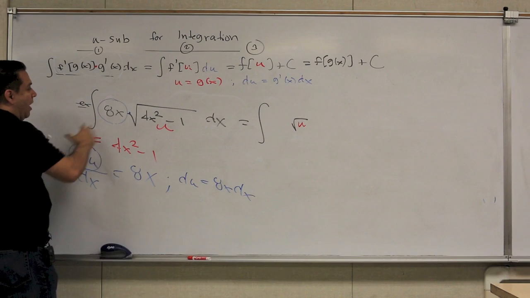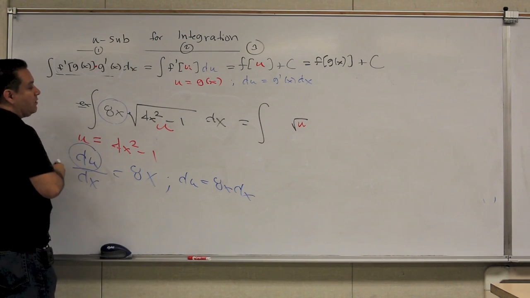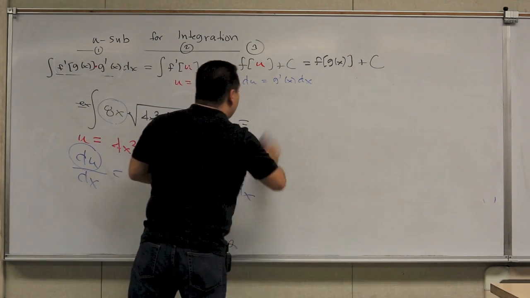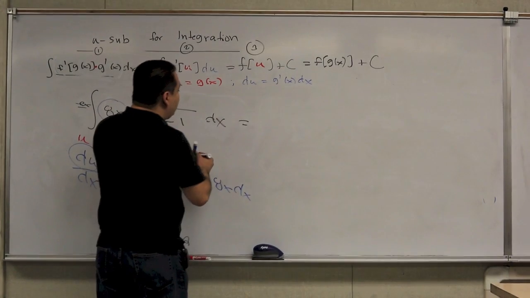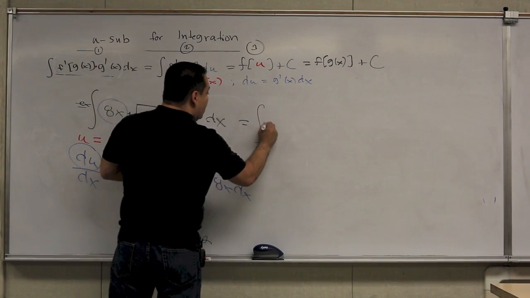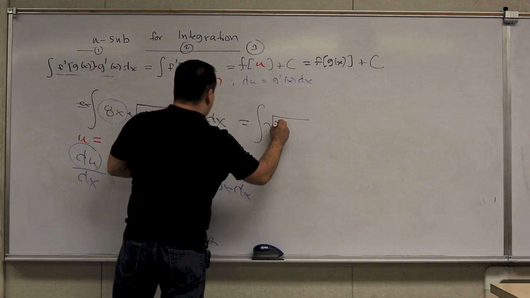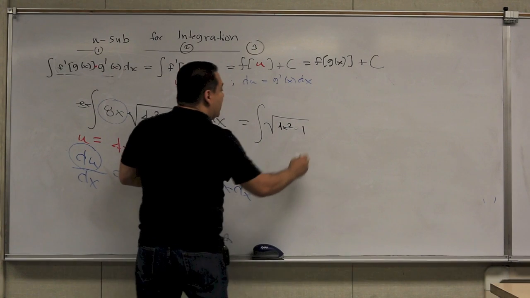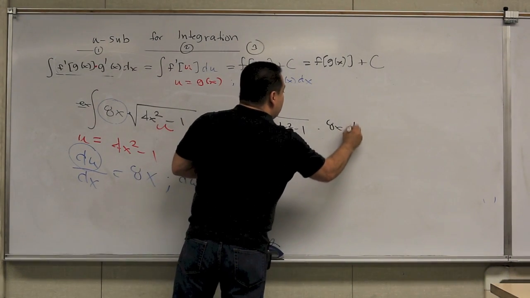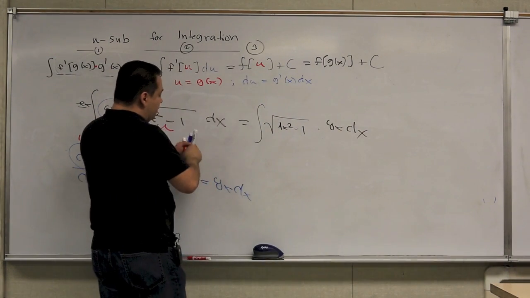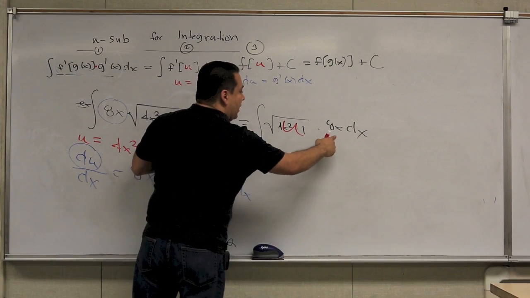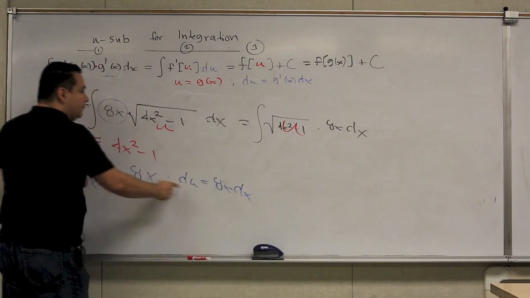So this problem I can rewrite as what? You don't necessarily need to do that, but I can rewrite this, if it made me feel better, as the square root of 4x squared minus 1 times that 8x dx, where this is u now, and oh, what is 8x dx?